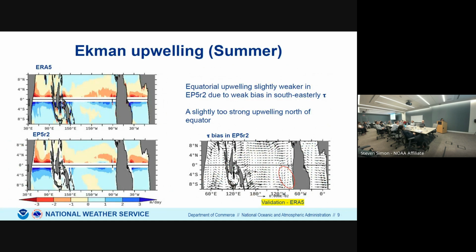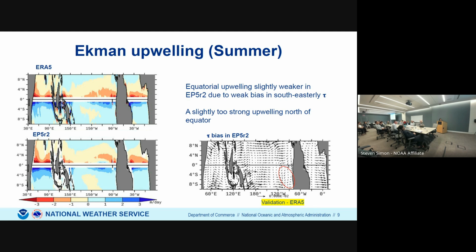So this is showing the summer Ekman upwelling. This is estimated from the observations in ERA5, and this is in EP5R2. You have strong upwelling just south of the equator, and this upwelling is represented pretty well in EP5R2, although it's a little bit weaker, and that could be tied to the fact that we have weaker southeasterly wind stress just south of the equator over here.